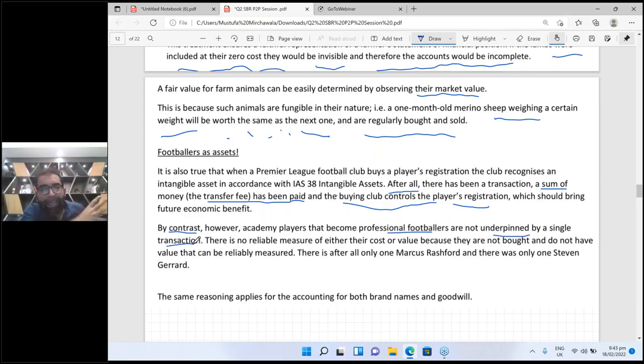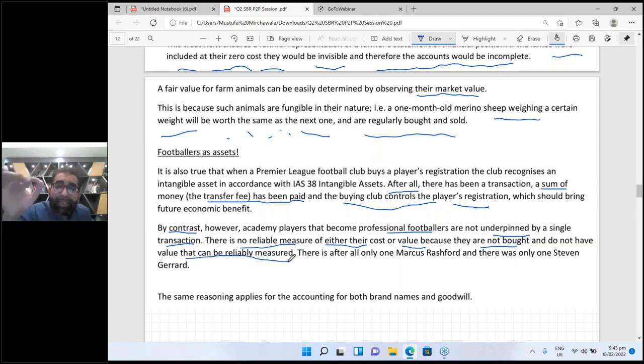Just think, you are spending on 1,000 students, and out of 1,000 only 1 or 2 become heroes, super hits, and you never know who is going to be a super hit. So this is a blind investment. There is no reliable measure of either their cost or value, because they are not bought and do not have a value that can be reliably measured.